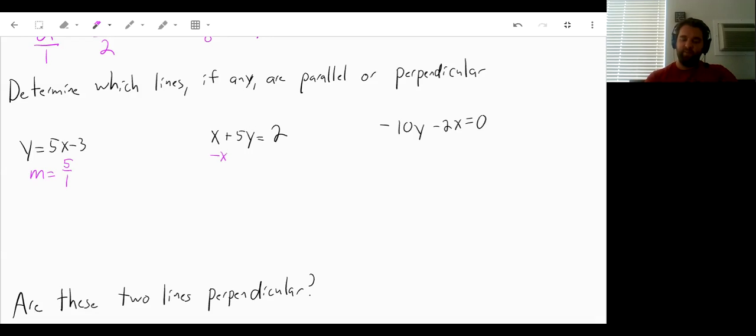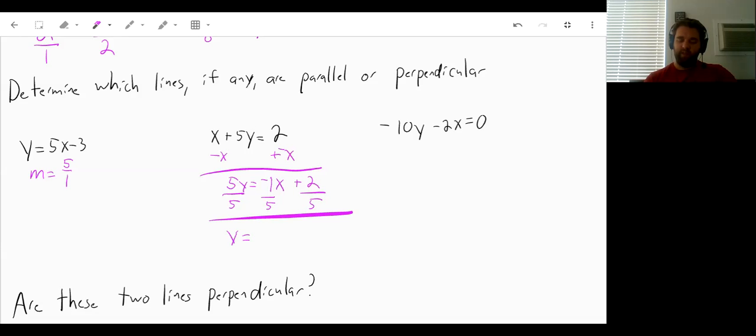So we'll subtract x from both sides, or add a negative x, and then have 5y equals negative x plus 2. And negative x, that's actually saying we have negative 1 x's. And now we have to divide both sides by 5. So we come out with y equals negative 1/5 x plus 2/5. In other words, our slope here is going to be negative 1/5.